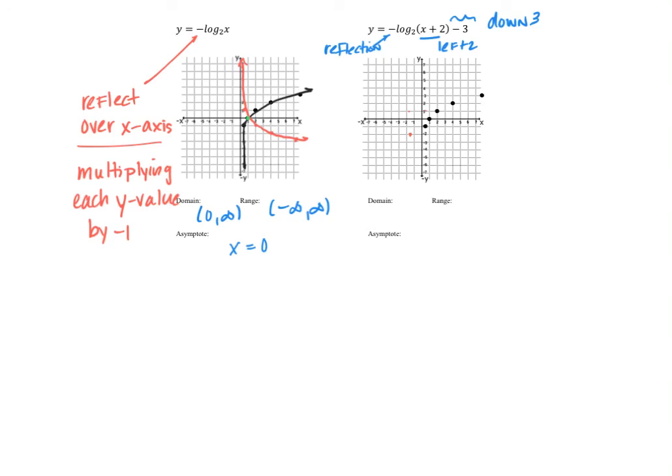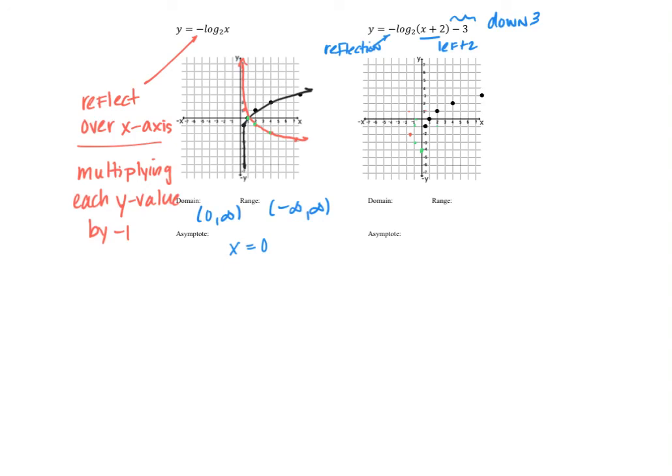If it's at 1, 0, I'm going to go to the left 2, and I'm going to go down 3. Next one, starting off at 2, negative 1. So if I start at 2, negative 1, from this point now, again, I'm going left 2, and I'm going down 1, 2, 3.